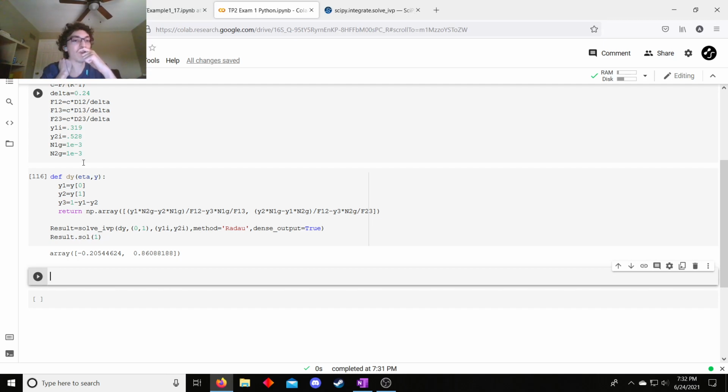So now what we're going to do is set up a root solver to find what values of N1 and N2 will make this be 0. So we'll do root. Now for root, not sure why I need to do root.